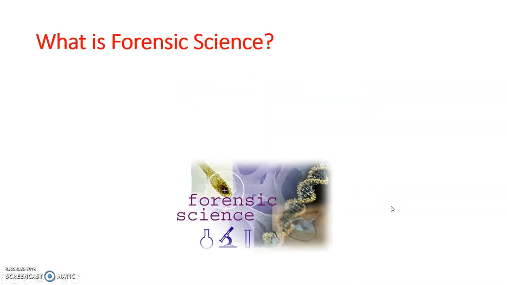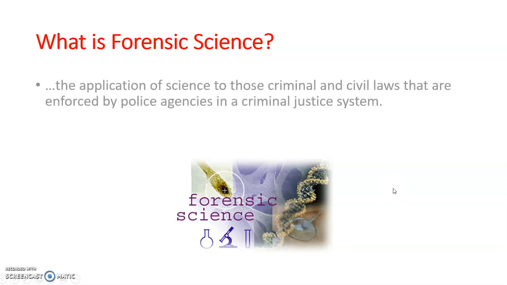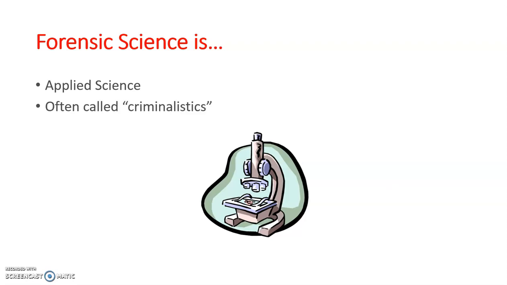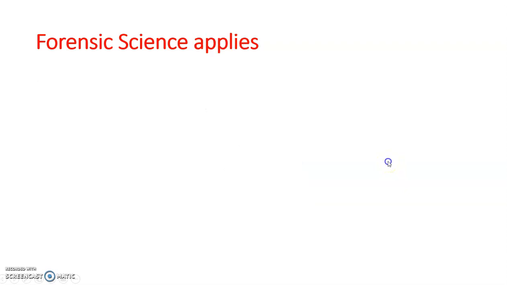So basically, again, one definition of forensics is simply the application of science to those criminal and civil laws that are enforced by police agencies in our criminal justice system. Forensics involves various groups of science. It's an applied science. It is often called criminalistics. That would also be an acceptable name for this course.